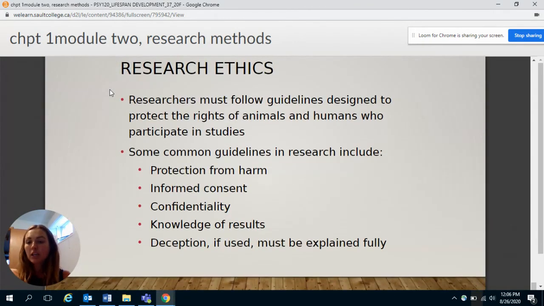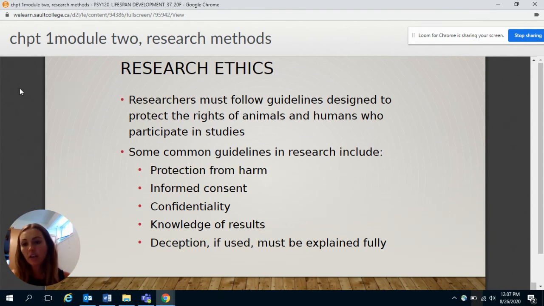And then the last thing that we're going to talk about in this module is research ethics. When psychologists are researching, they have to follow a code of ethics. I gave you the example of Genie the Wild Child and Secrets of the Wild Child. That is something that you could never do. You cannot isolate a child for 6 years, neglect them, and then see how that influences their development.